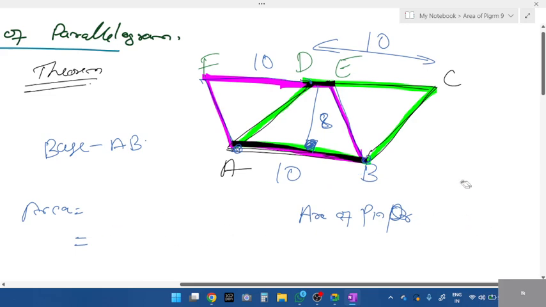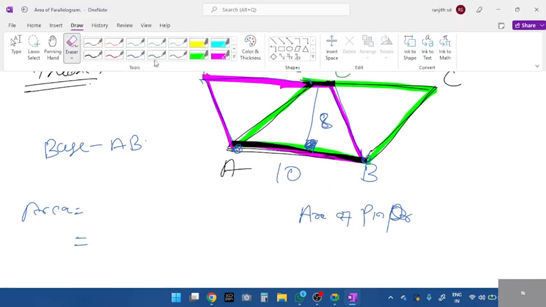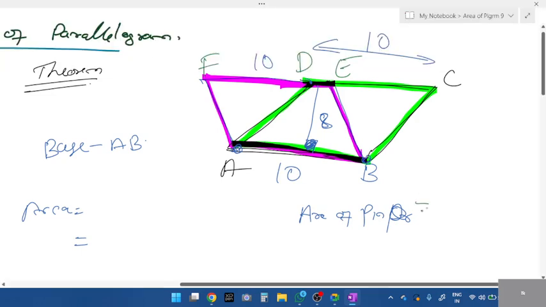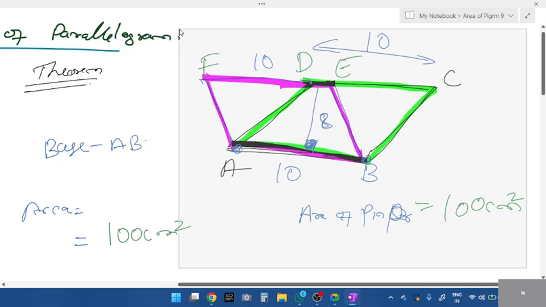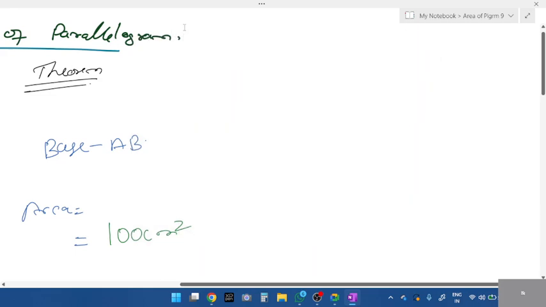Now, if the area of the pink quadrilateral is 100 centimeters square, what is the area of the green quadrilateral? Both will be 100 centimeters square. Area will be same, base will be same, height will be same. Everything will be same, students. All the values will be same. This is the first theorem.